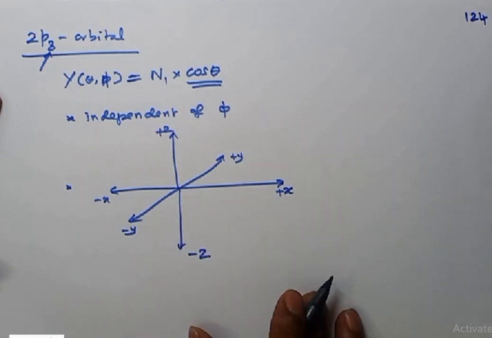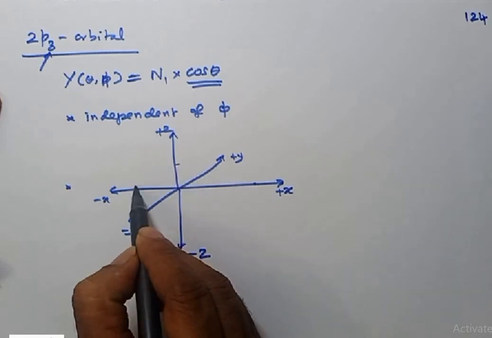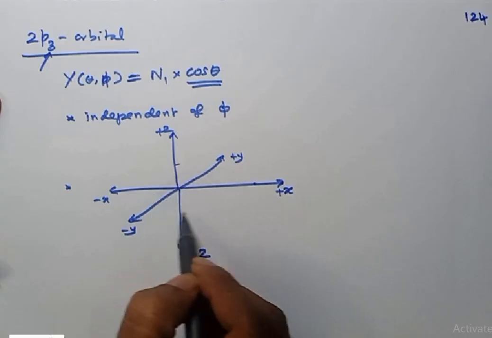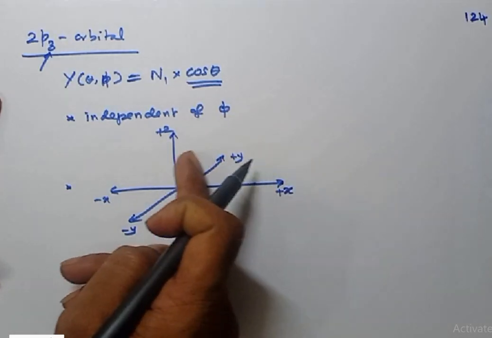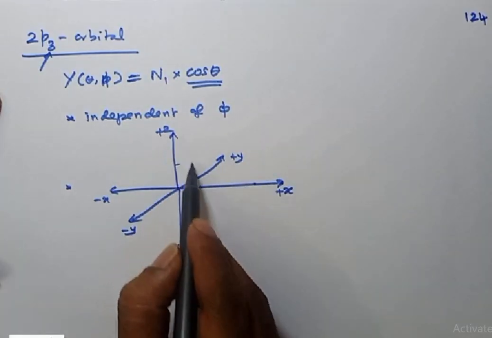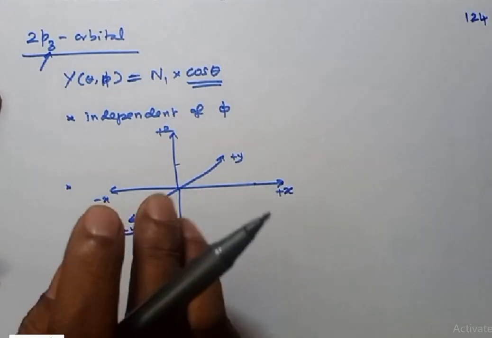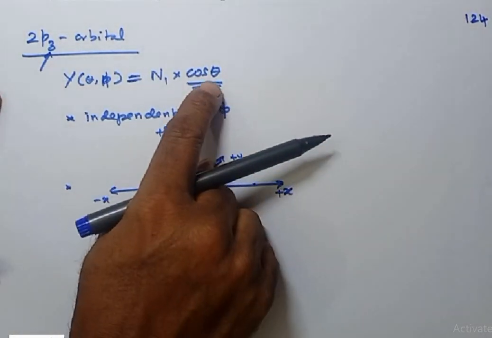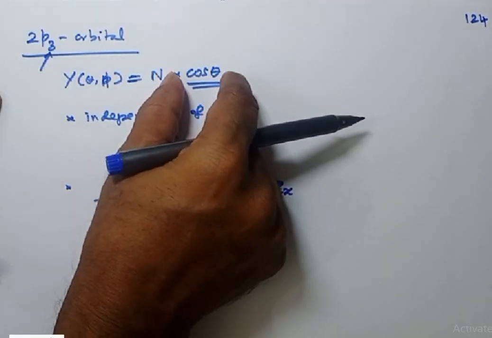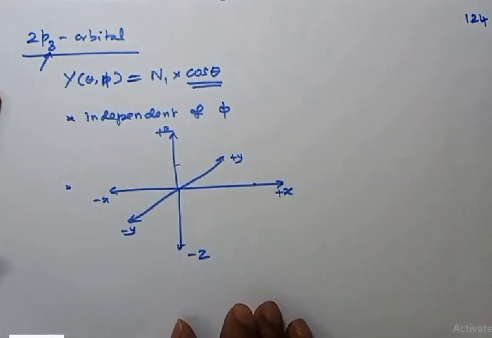If you move from plus x to plus y to minus x to minus y, then minus y to plus x, we are changing the phi variable. If we move from plus z to minus z, we are changing the theta variable. It is very clear from this function that the 2pz orbital function depends only on theta.